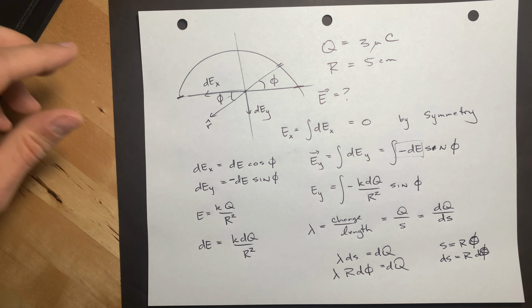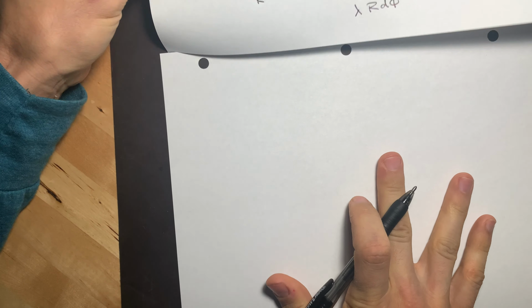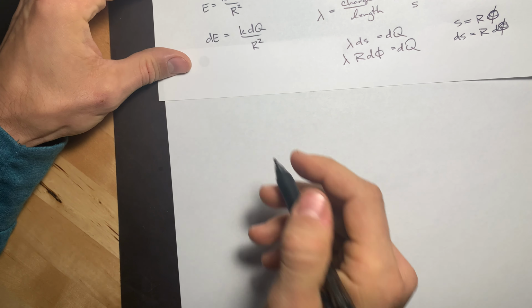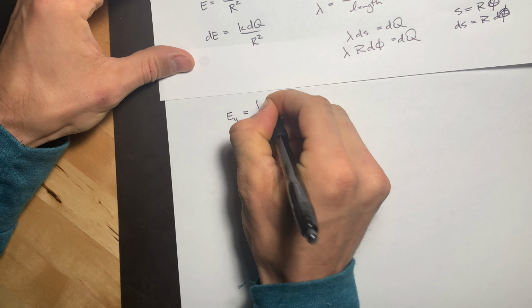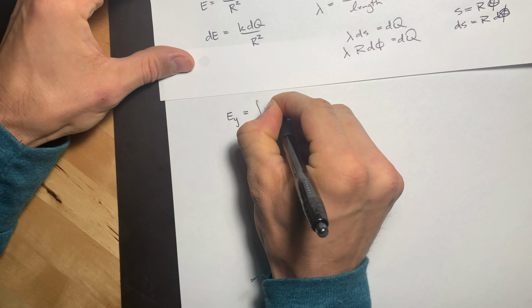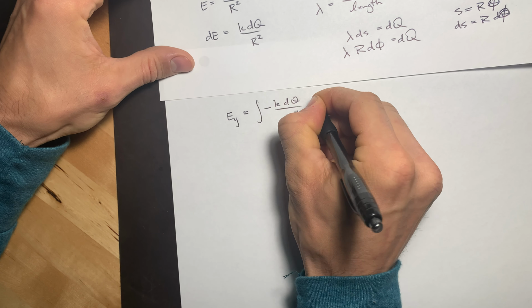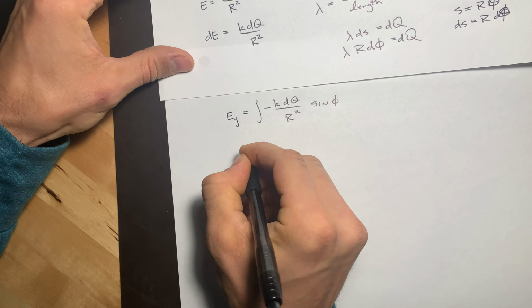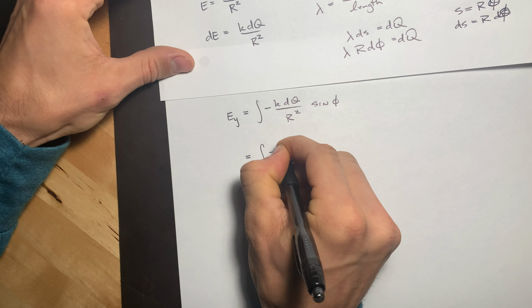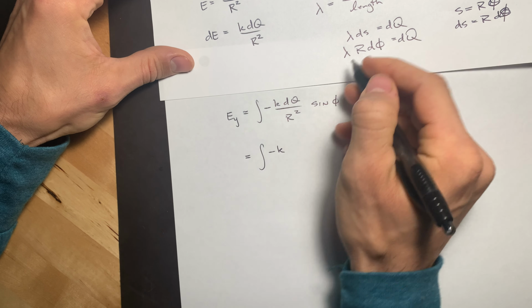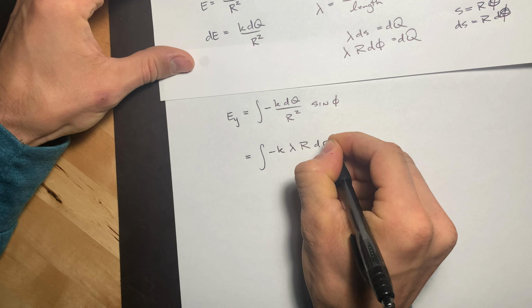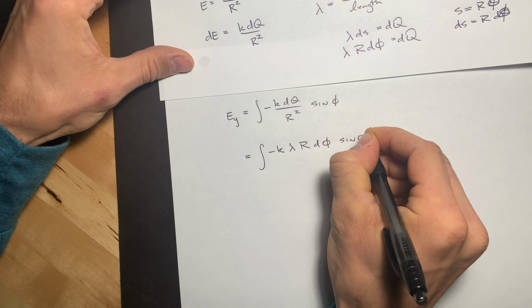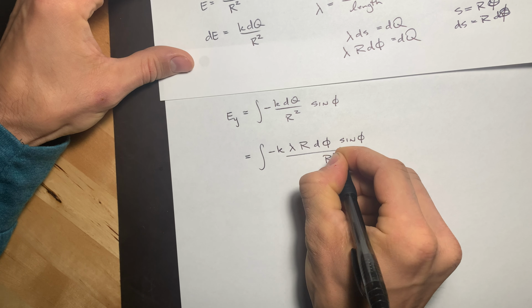All right, this is progress. We're getting somewhere. So now we'd say that electric field y is the integral of negative k dq over r squared sine of phi, which is the integral of negative k. Now we're going to replace dq. dq is lambda r d phi. We still have sine phi over r squared.